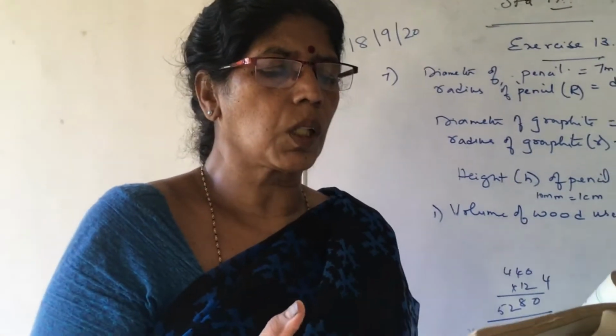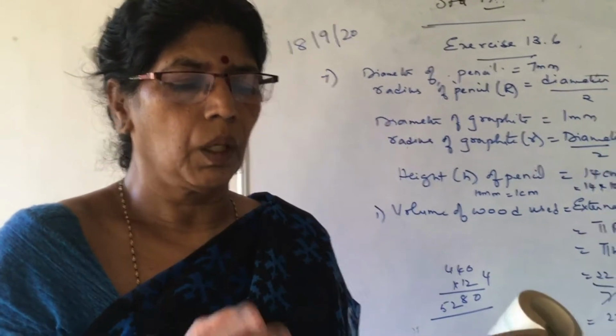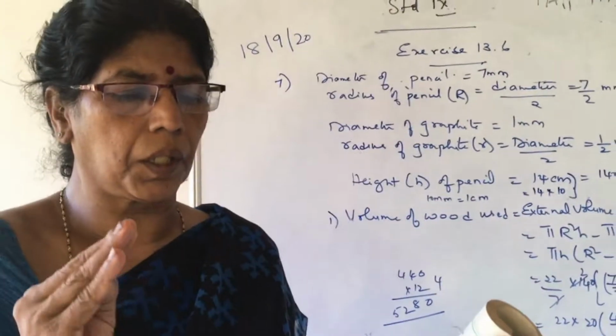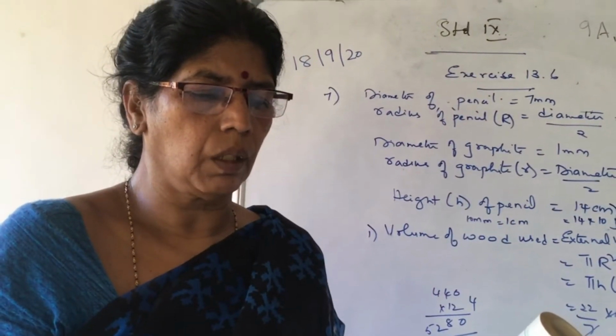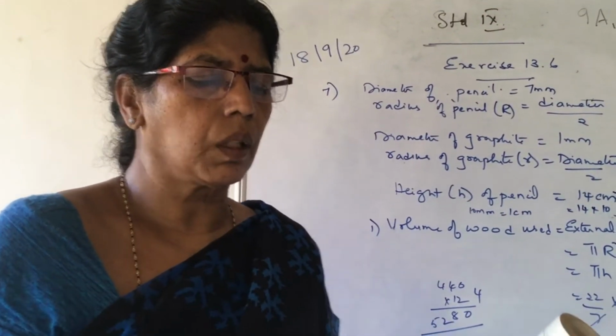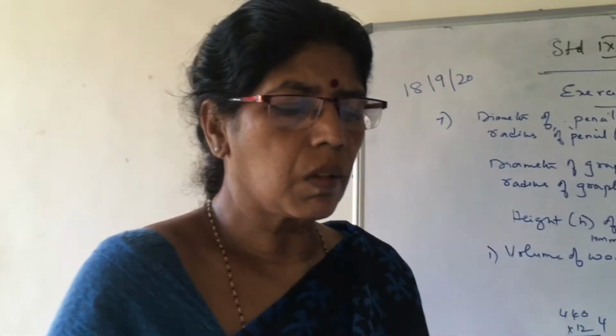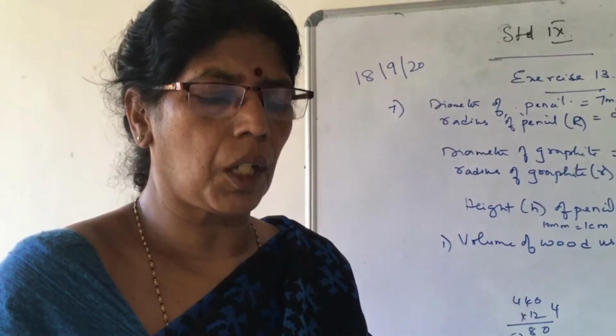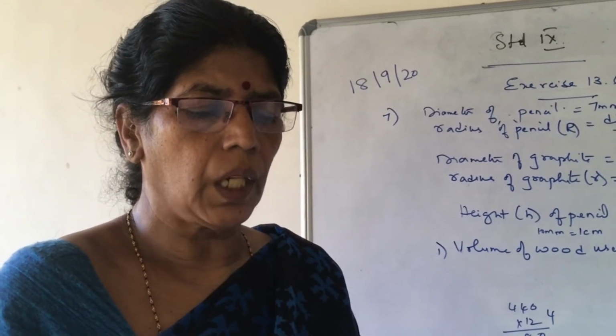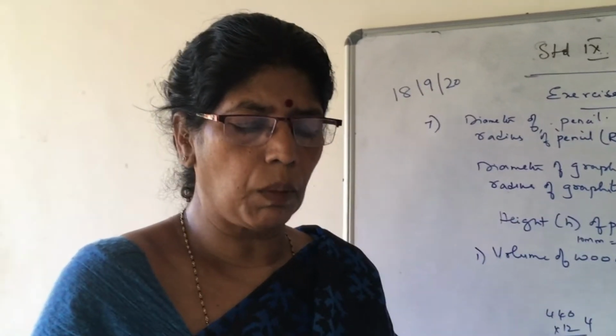You might think this sum is very big. Two things are given: the graphite diameter and the pencil diameter.